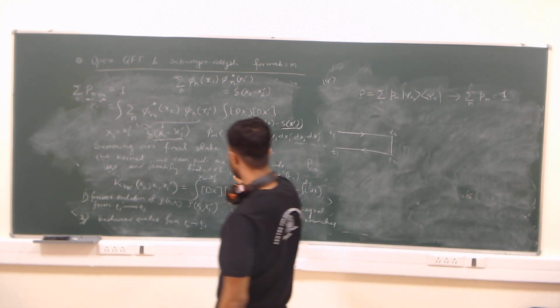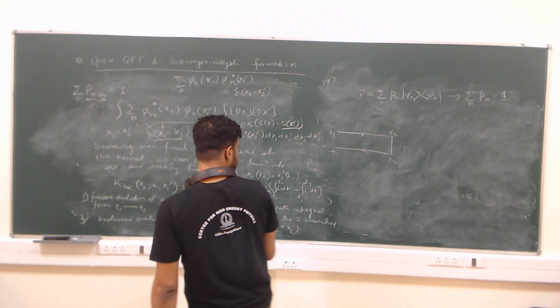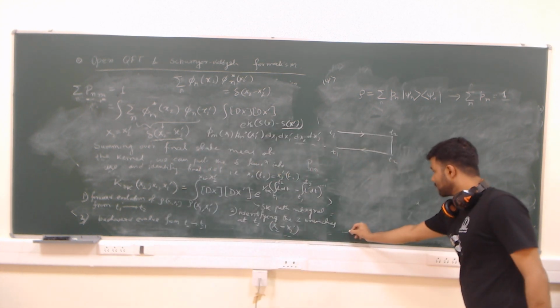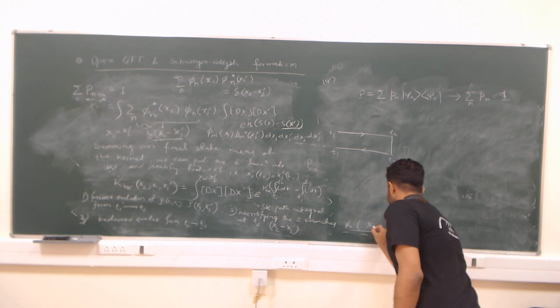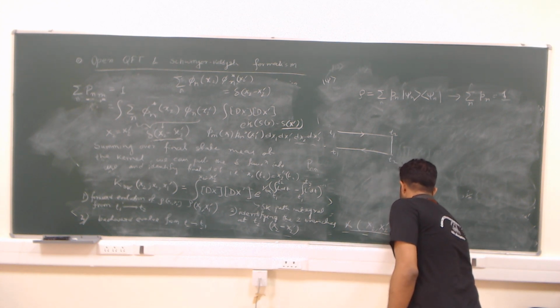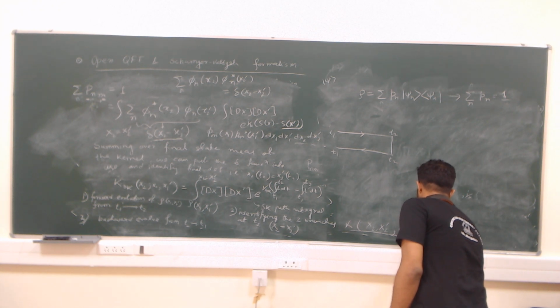This helps me make this identification for whatever kernel I had written as x2 prime, x1 prime.